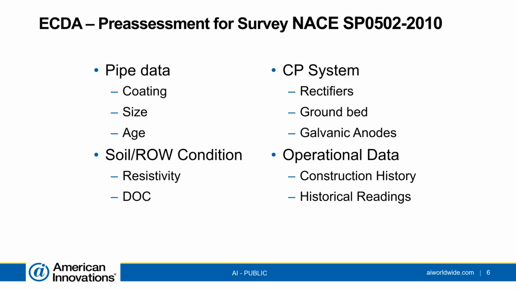If you can get past surveys to get a better idea of how this line plays out as far as its CP system, you are aware of possible areas that, yes, this is a bad area that the company or client knows about, so you're not having to stop your survey to try and get in touch with them to get some more information on it. Everything you can get ahead of time is best. The more, the better.